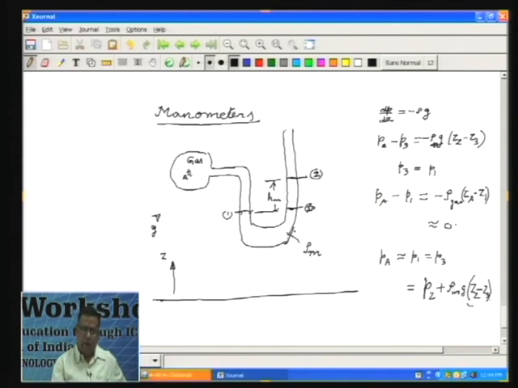Now, Z 2 minus Z 3 is H m and P 2 is P atmosphere.